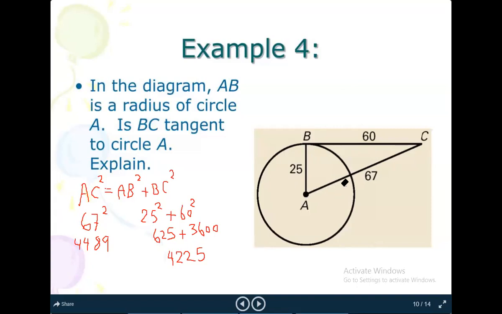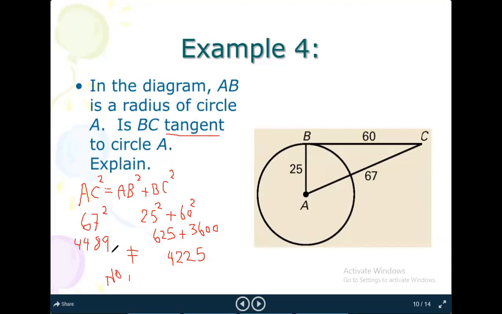But in this question, he put 67 and 25 and 60. And he said in the question, is BC tangent? So in this part, did you find that both sides were equal? 4,489 and 4,225. Those are not equal, which means it will be a tangent or not? No, it's not a tangent.